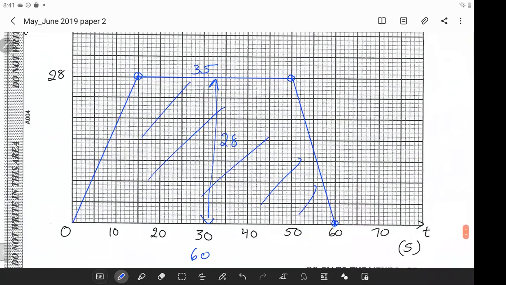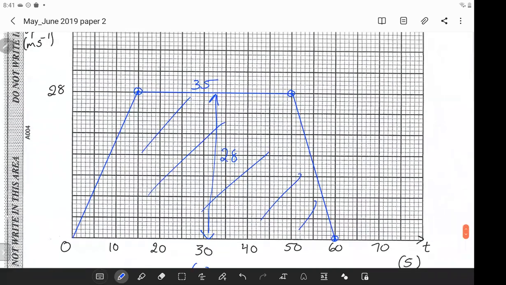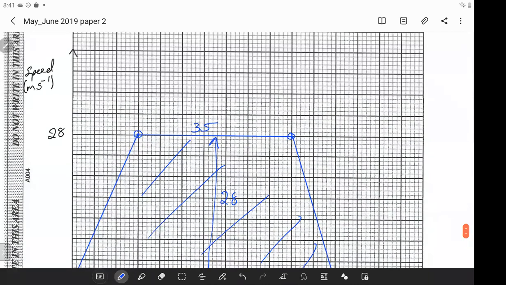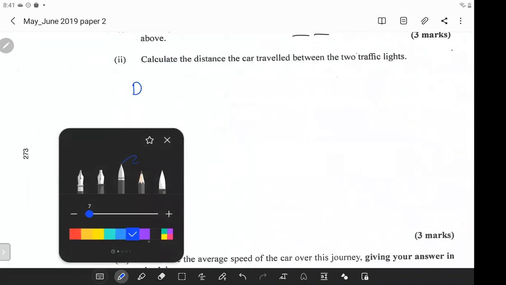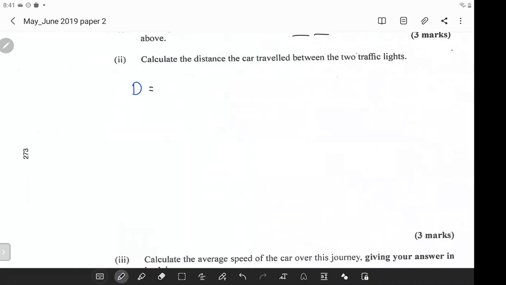So I have 35 plus 60 times 28. So the distance, let's go back to black, is equal to a half (35 plus 60) times 28. Can simplify that. So that's 14.